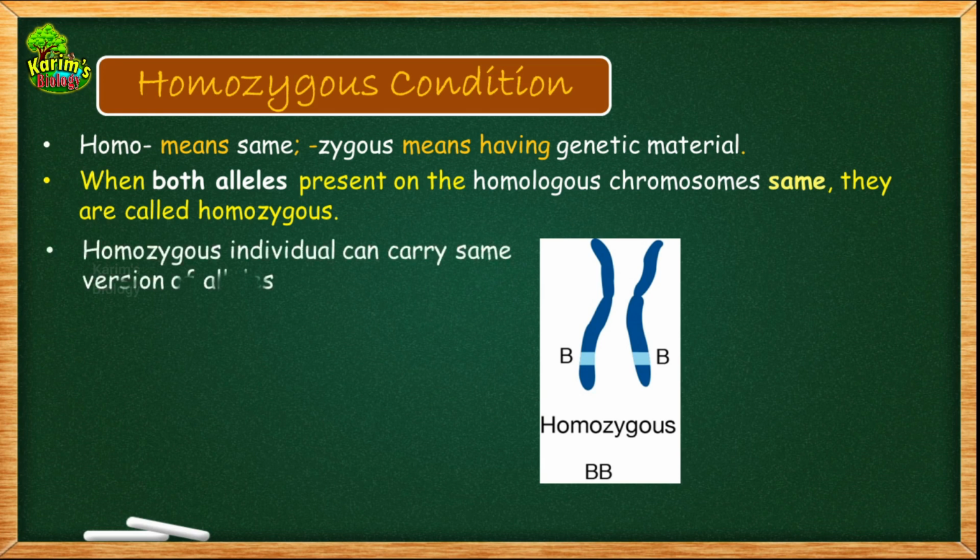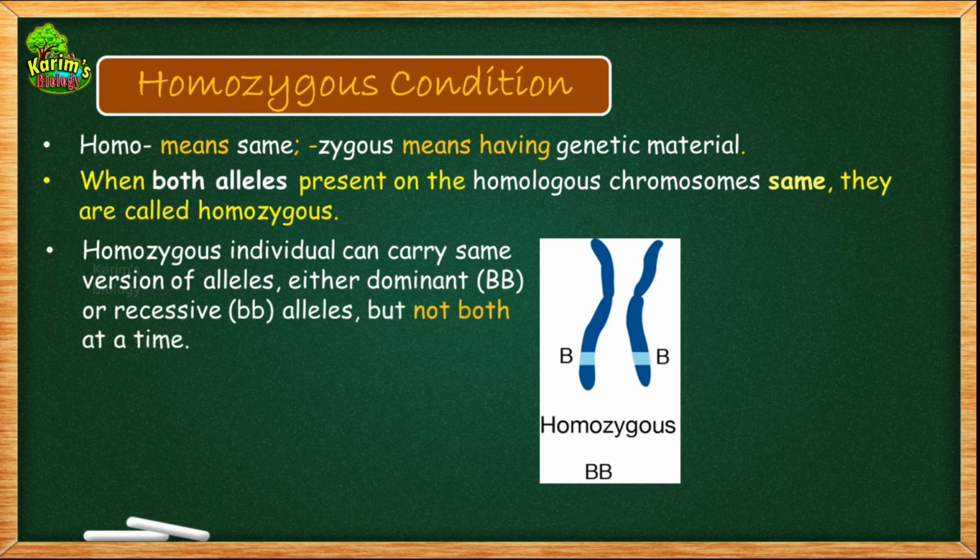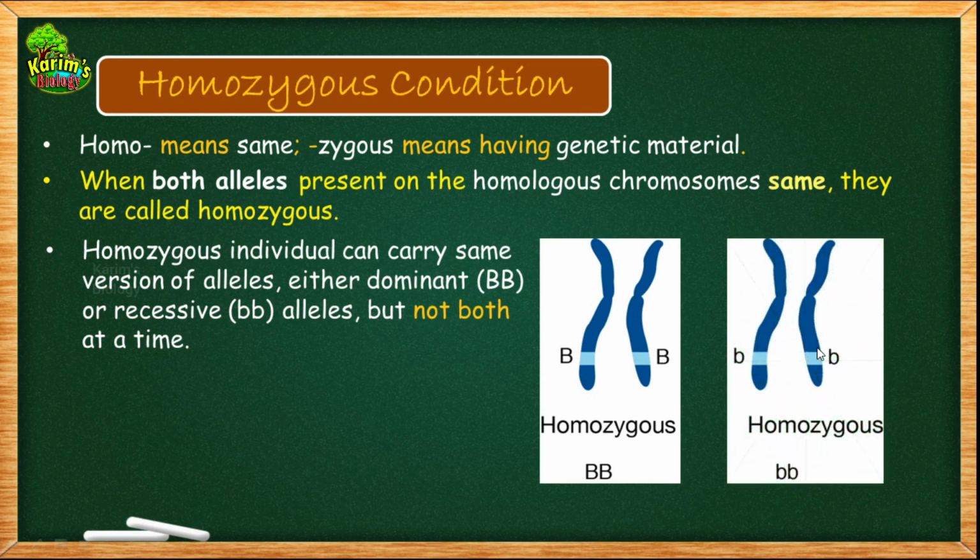Homozygous individuals can carry the same versions of alleles, either dominant or recessive alleles, but not both at a time. This is another thing that you need to remember. Once again, look at this picture. Here both versions of the gene are dominant. And look at one more example here.